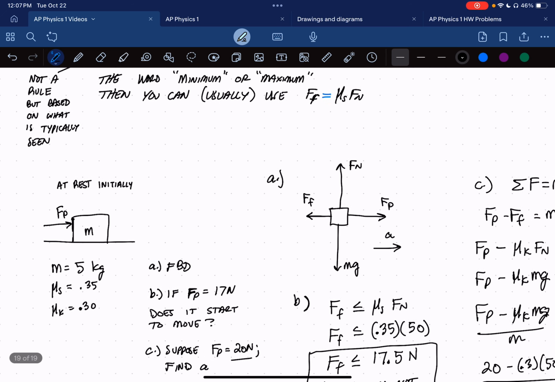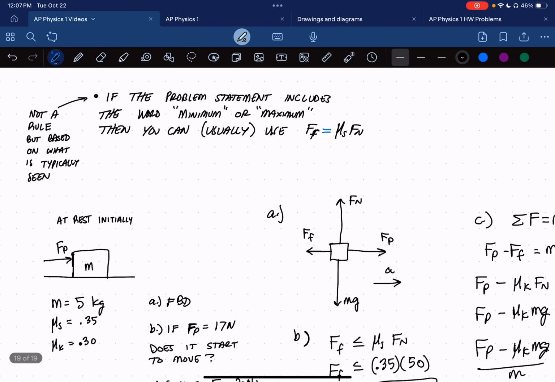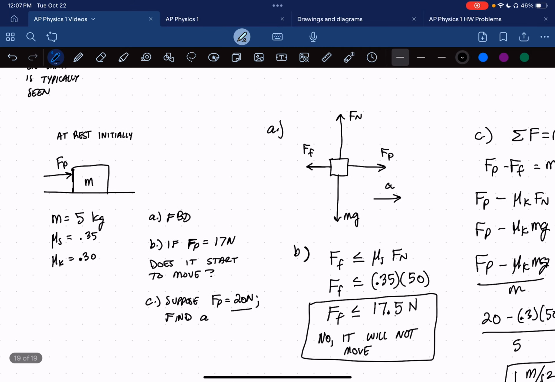I write it like this, but I kind of think of it like this with an equal sign. So the minimum amount of force you need to get it to move is just over 17.5, and the maximum amount of static friction is 17.5.